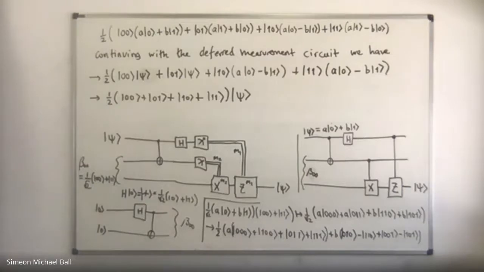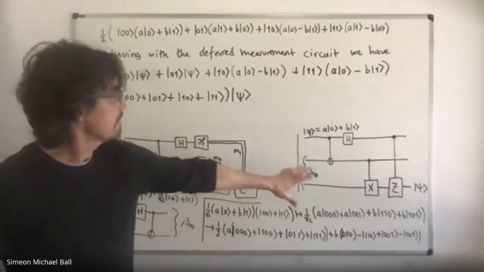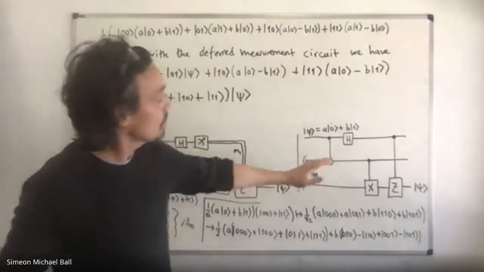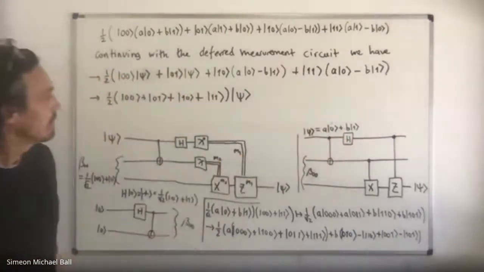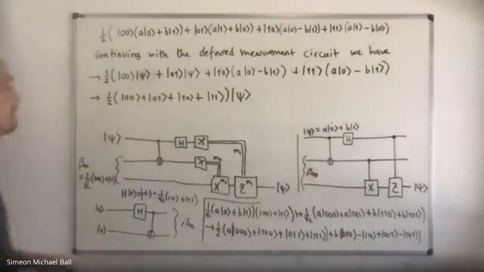Well, you may ask yourself, why do we make such a fuss about this then? If we could have just done straight down with that circuit, well, here we lose all the teleportation idea, okay? This is just saying that you will get the same result if you defer the measurement and replace it.